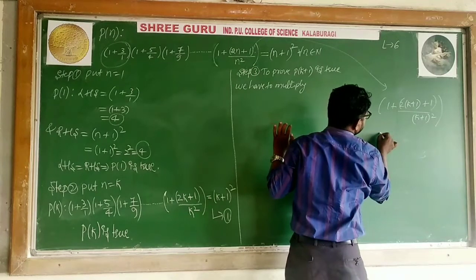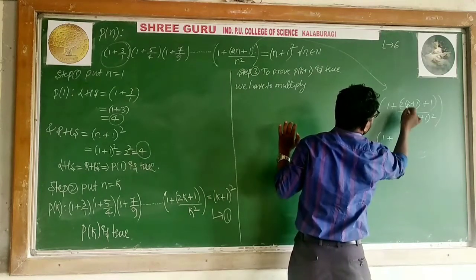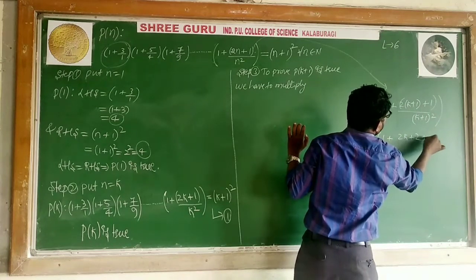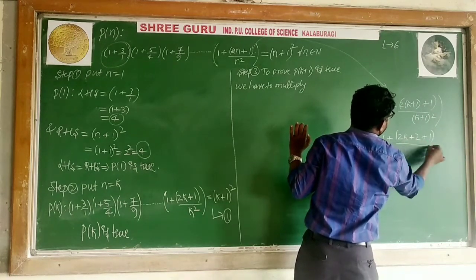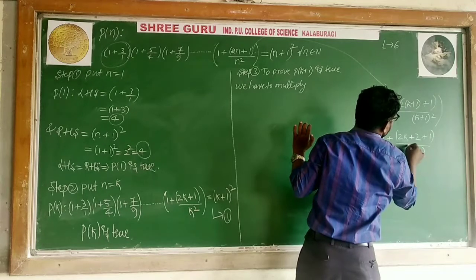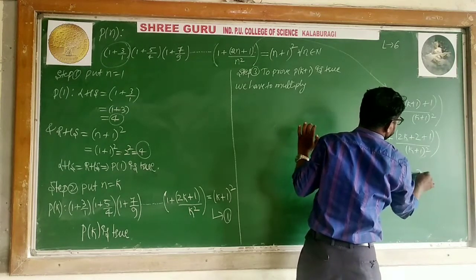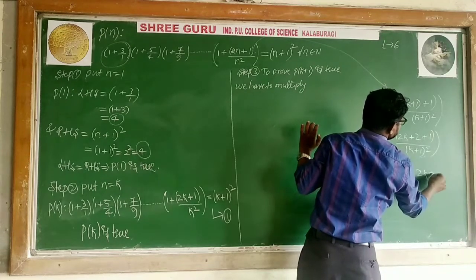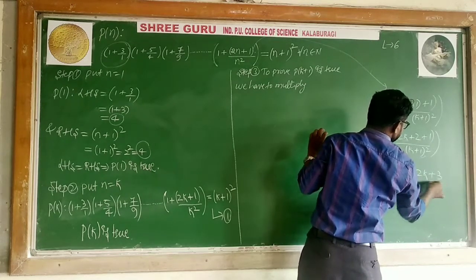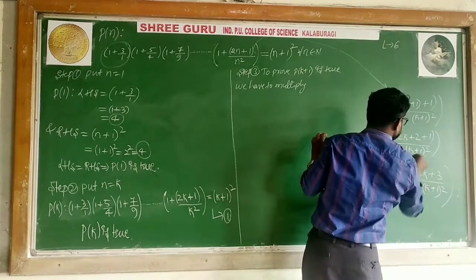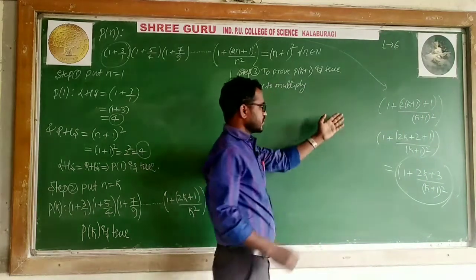Means the required thing is 1 plus 2 into k, 2k, plus 2 into 1, 2, plus 1 already, divided by k plus 1 whole square. So 1 plus 2k plus 2 plus 1, that is 2k plus 3, divided by k plus 1 whole square. This is the multiplication term that I took roughly.